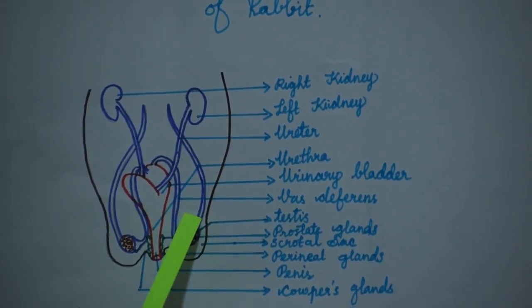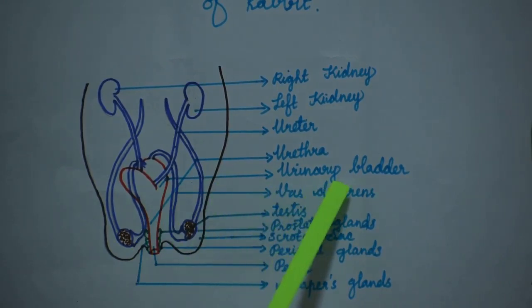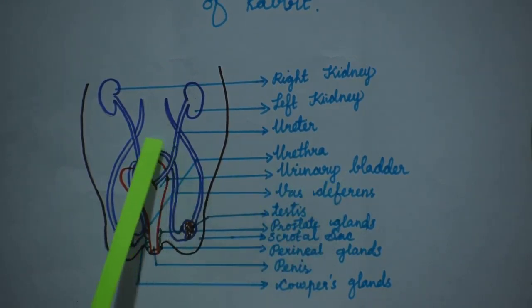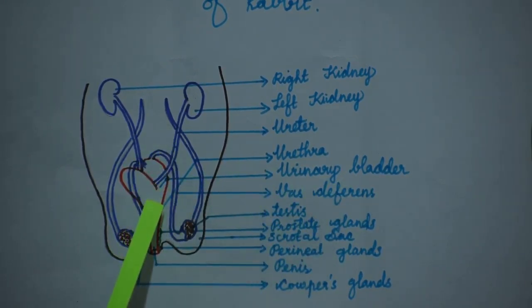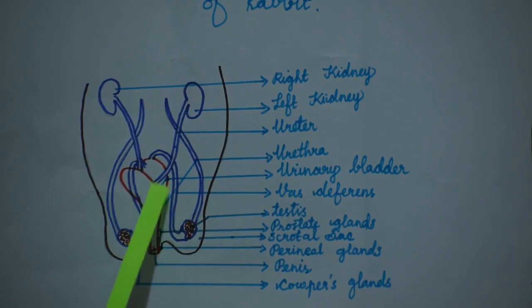The epididymis opens into a sperm duct called vas deferens. The vas deferens opens into the urethra just below the urinary bladder. When the urethra runs backward, it passes into the penis. Have you understood?